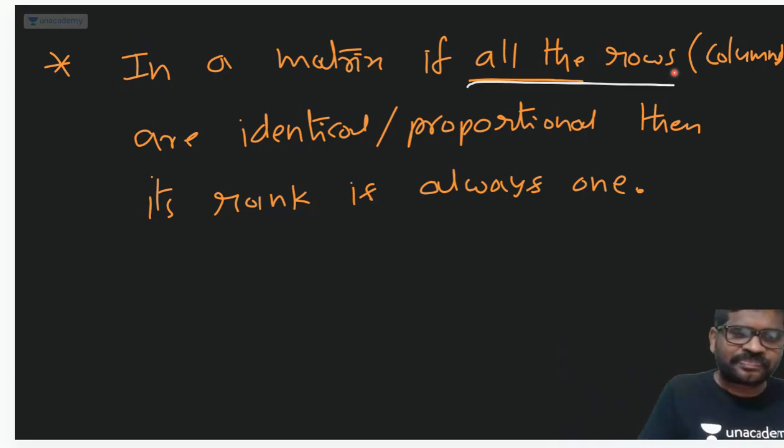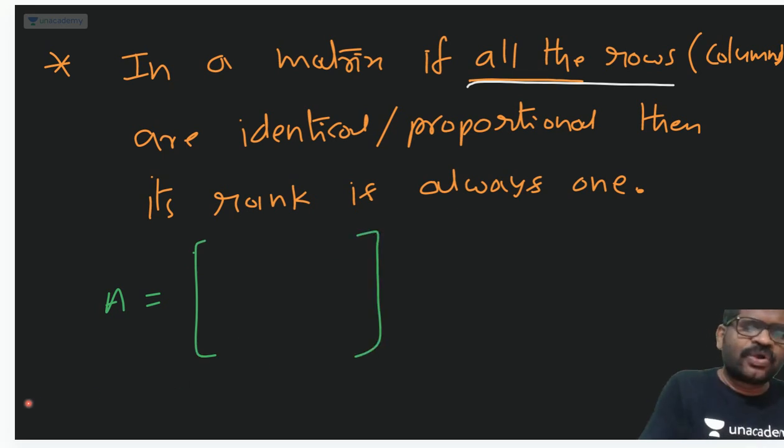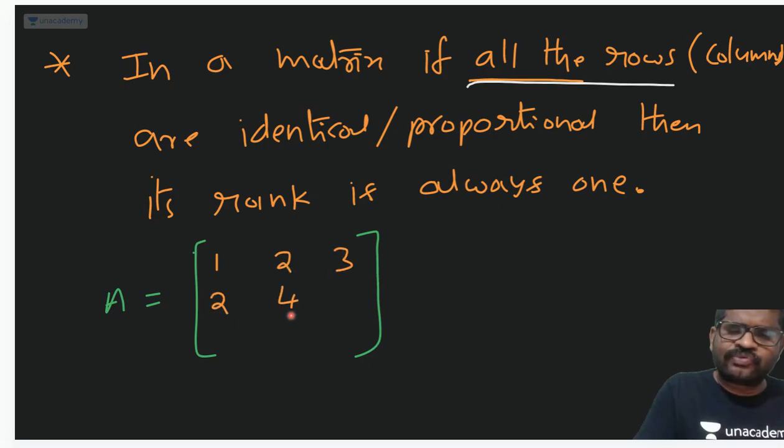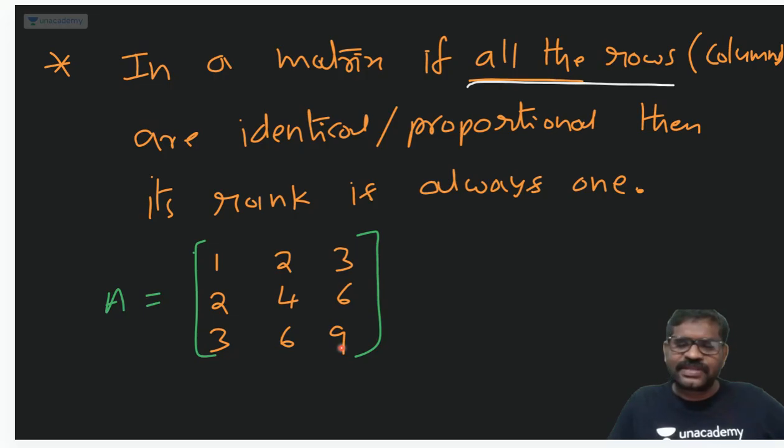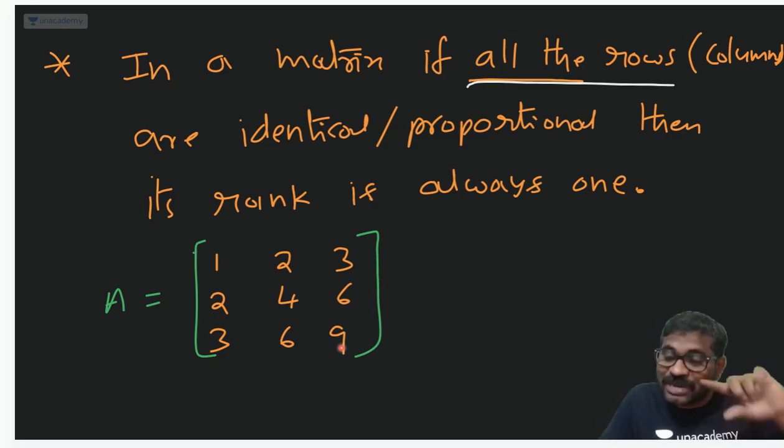Example. For example, matrix A is 1, 2, 3, 2, 4, 6, 3, 6, 9. Observe the entries. First row is 1, 2, 3. Second row is nothing but 2 times the first row. Third row is nothing but 3 times the first row.